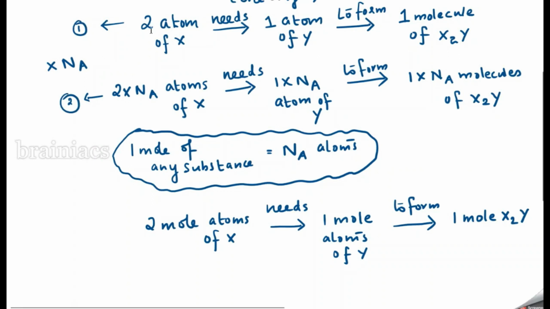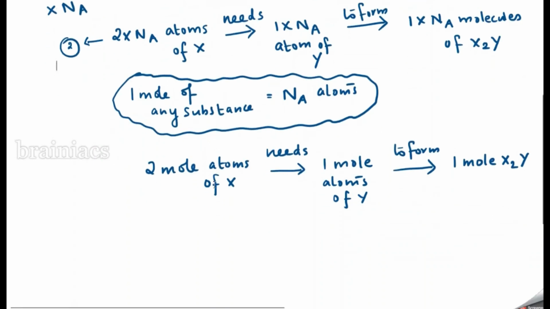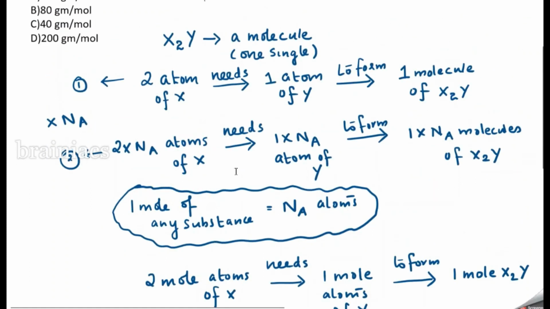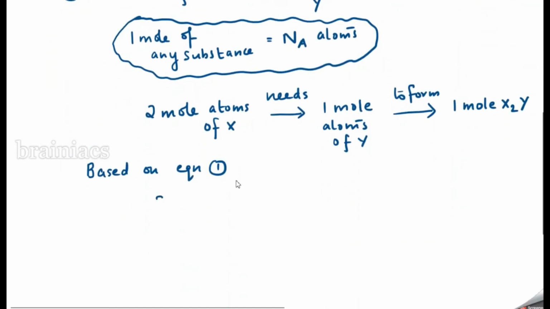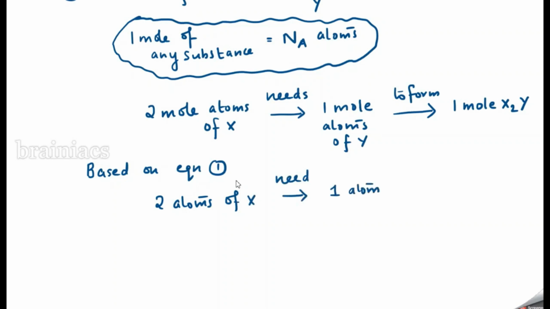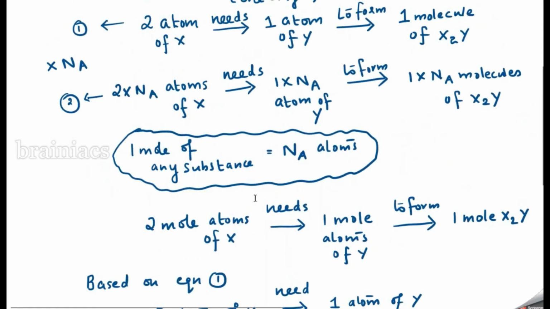Now based on equation 1, what we can say, you know that 2 atoms of X need 1 atom of Y, correct? 1 atom of Y. Now tell me, how many atoms of Y is being used here?